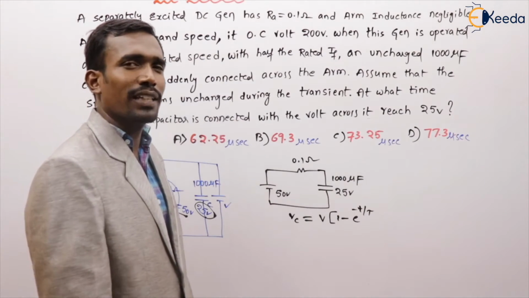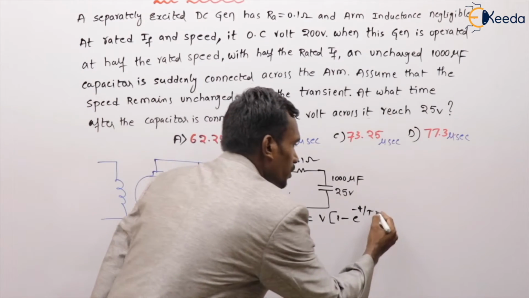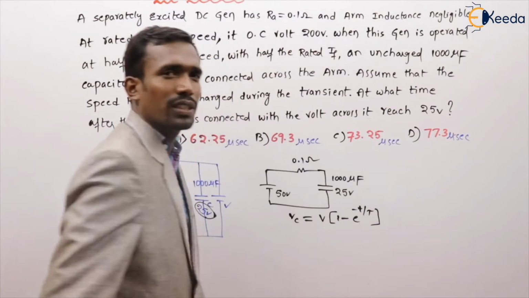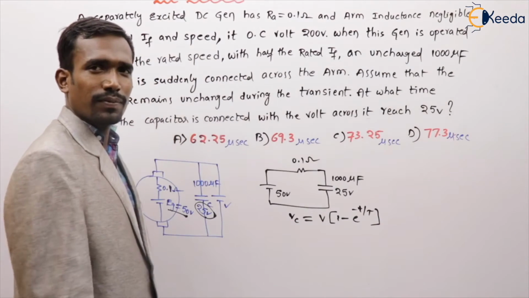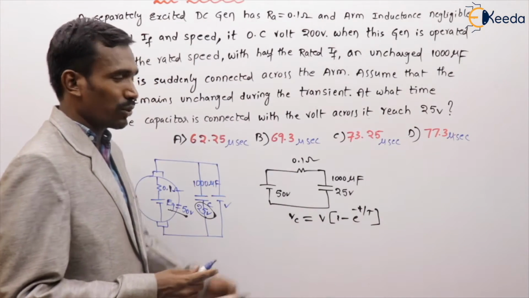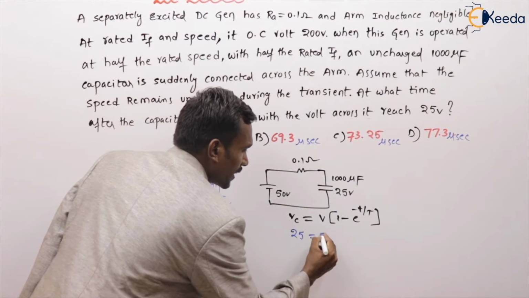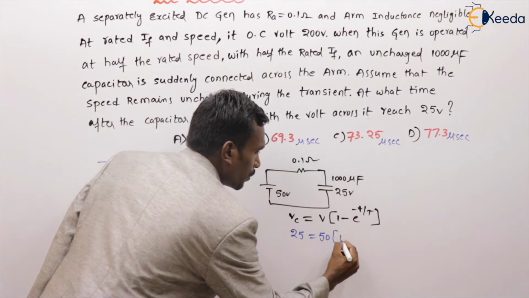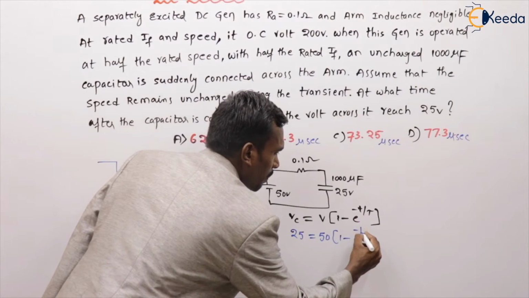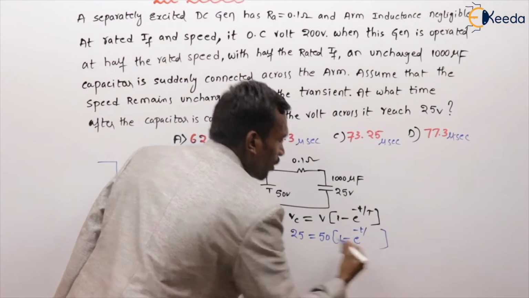This is generally our answer in an RC circuit. Tell me what is Vc? 25 volts. What is the source voltage? 50 volts, into 1 minus e to the power of minus t by tau.